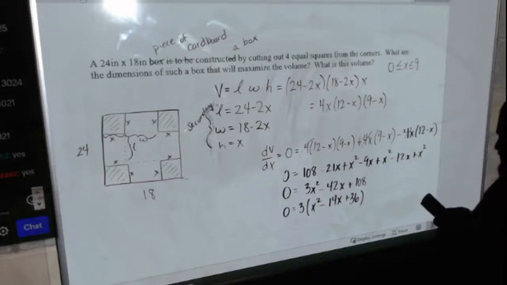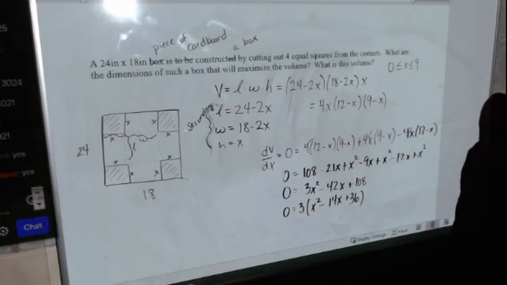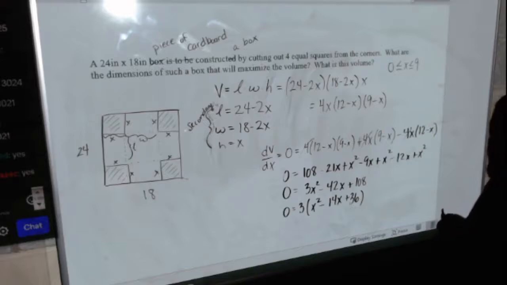So can anybody think of those factors? It doesn't actually look like that's factorable, unfortunately. So we've got to use the quadratic formula.